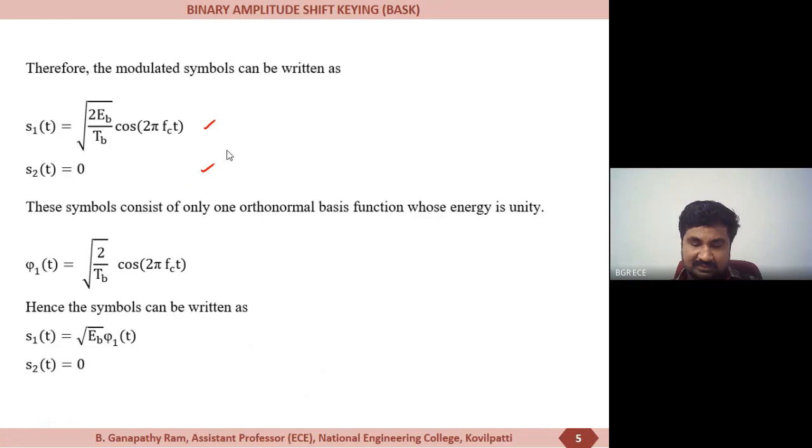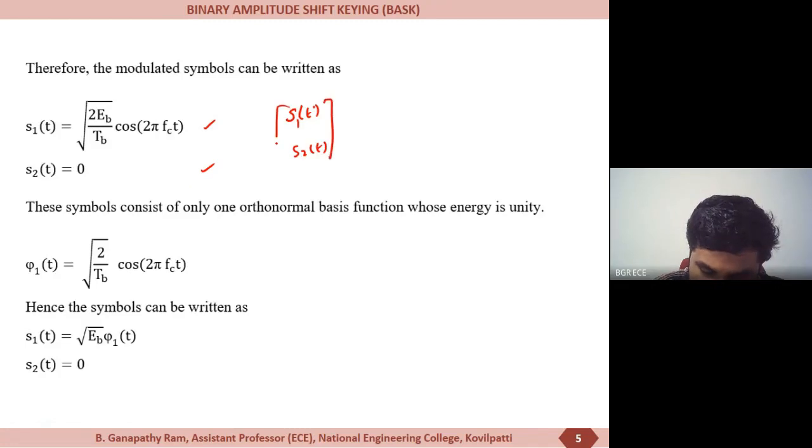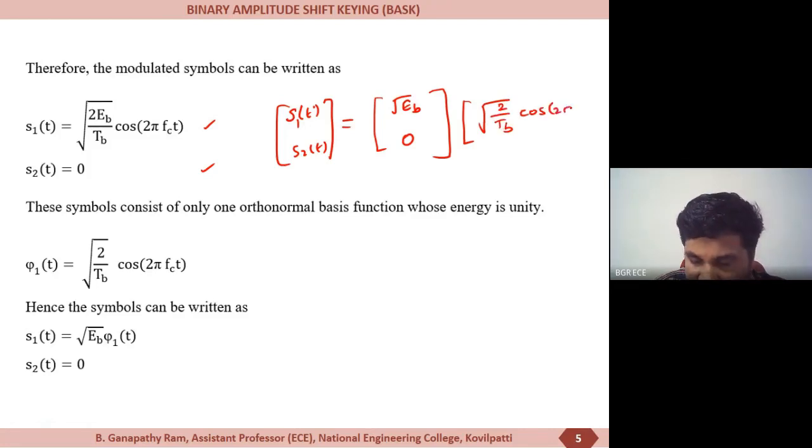Here, these two pieces of information are represented in matrix form, such as s1(t) and s2(t), which is equal to square root of Eb and 0, multiplied by square root of 2 by Tb cos 2 pi fc t. And this is called the orthonormal basis function.